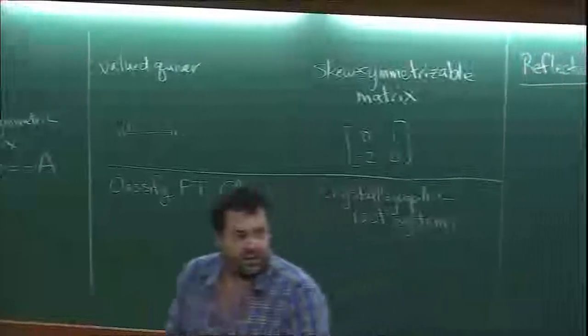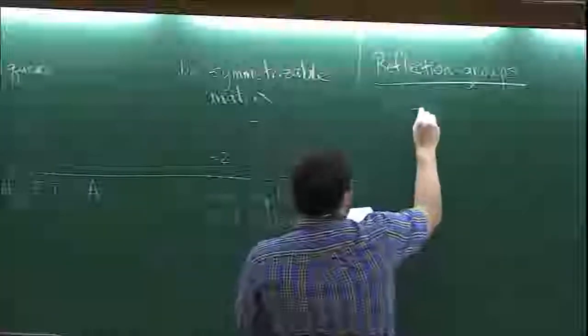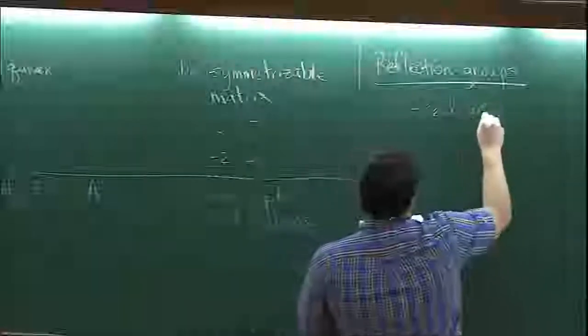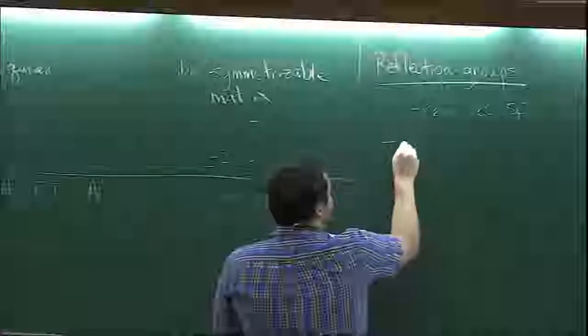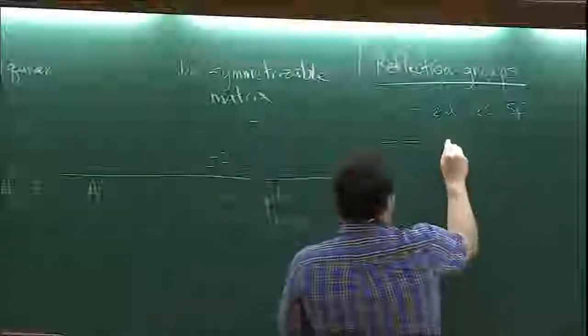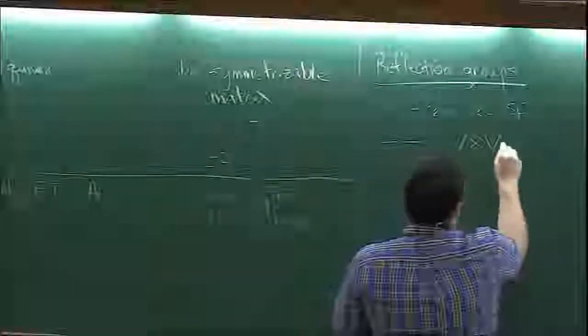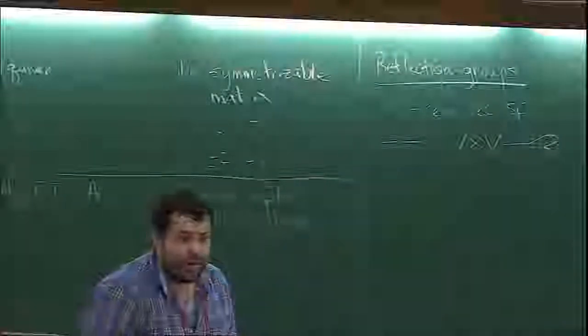So reflection groups. I'm going to start with V being a real vector space, and on this real vector space I'm going to have some nice bilinear form. This is a map from V cross V to the real numbers. I want it to satisfy some properties.